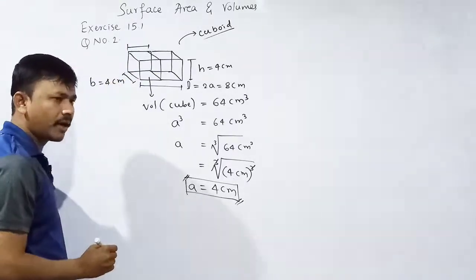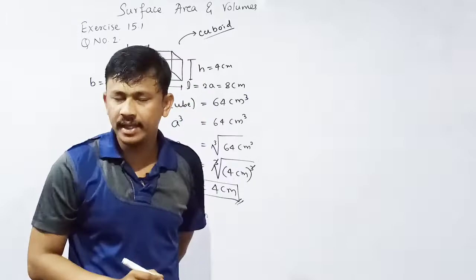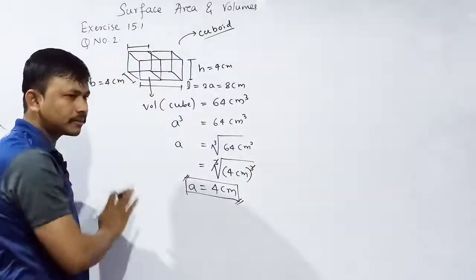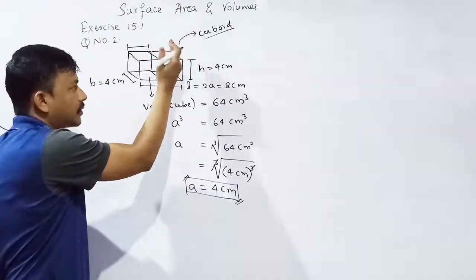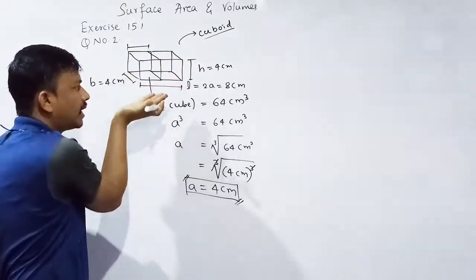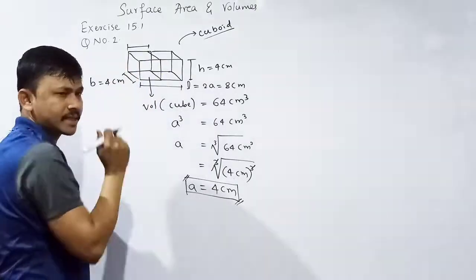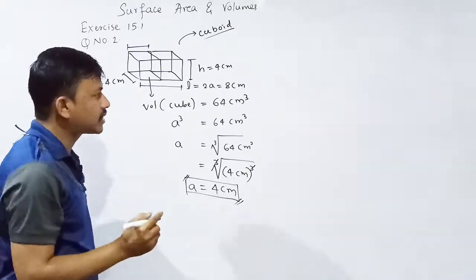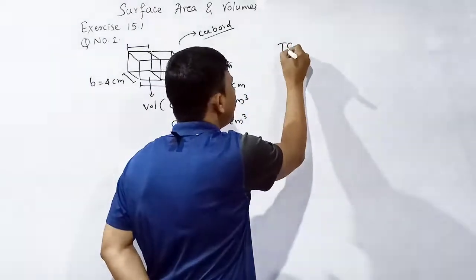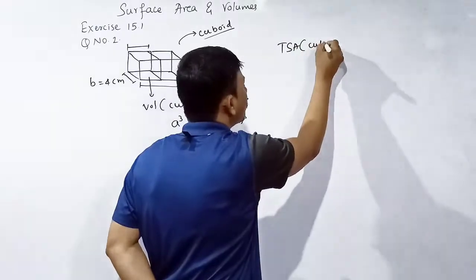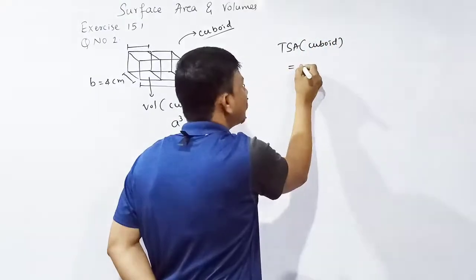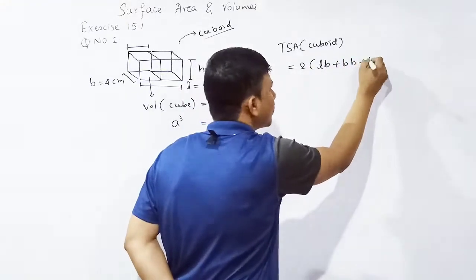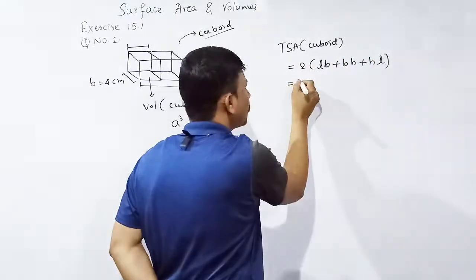Therefore, we need to find out the total surface area. That means the total area which we can feel. That means face 1, face 2, face 3, face 4, 5, 6. Yes or no? 6 faces. We need to find out the total surface area of the cuboid. TSA of cuboid, what is the formula? 2 in bracket LB plus BH plus HL. This is equal to 2 in bracket.